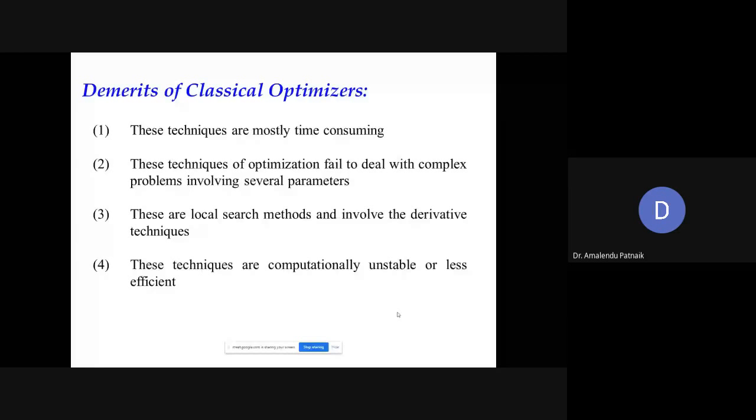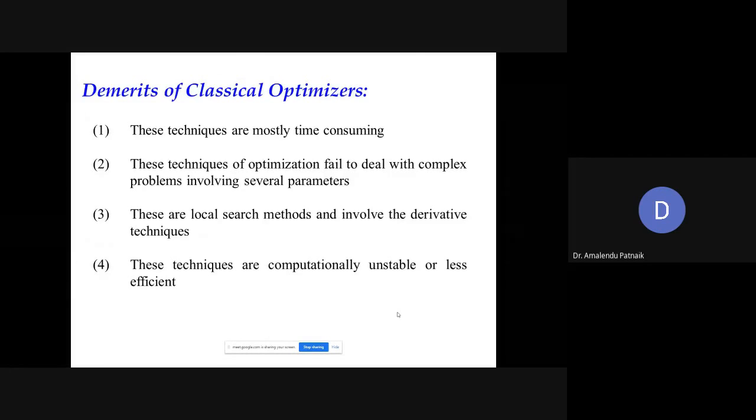With the increase in number of parameters, the complexity of the problem increases, and in those cases, it is very difficult to apply the classical optimization techniques. These are local search methods and involve the derivative technique.